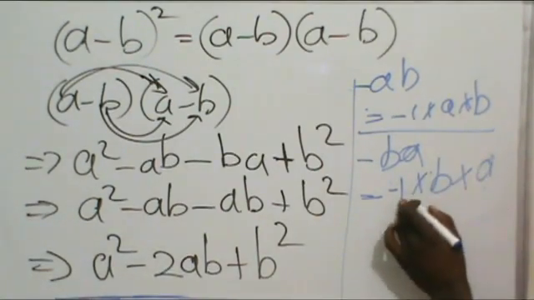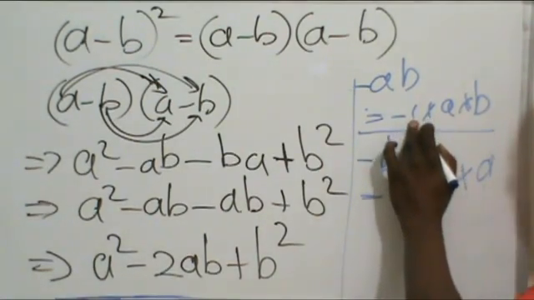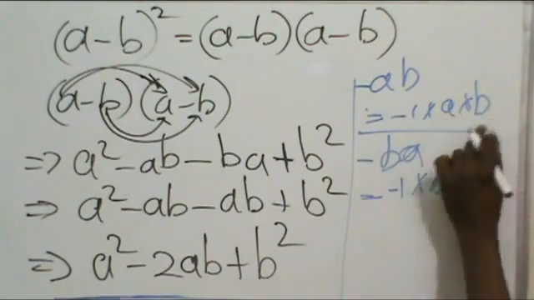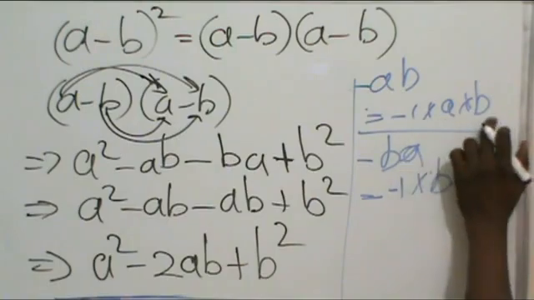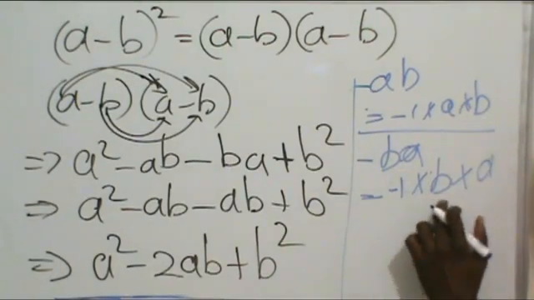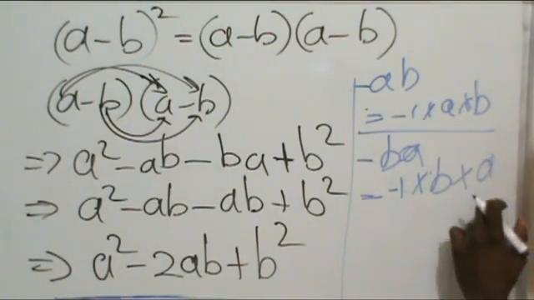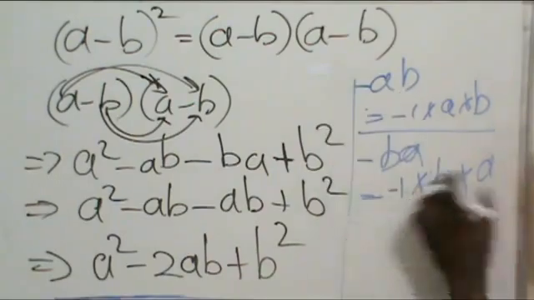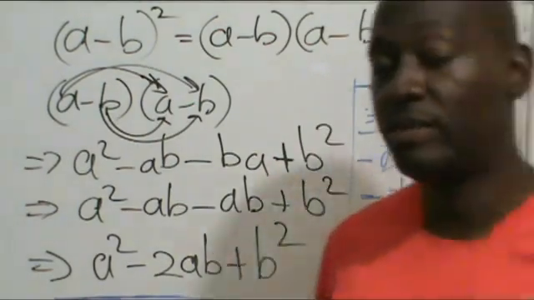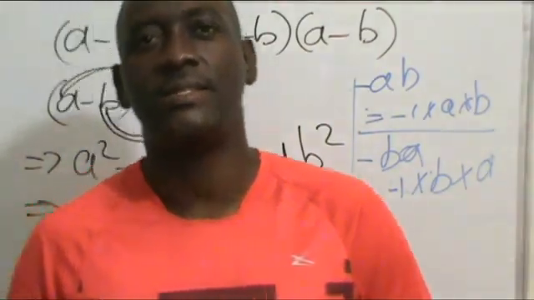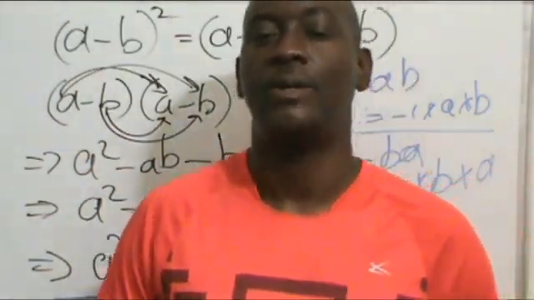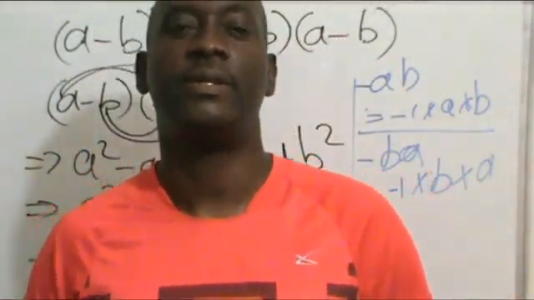This minus 1 here is the same as this minus 1 here. And if we establish that ab is the same as ba, then minus 1 by a by b will be the same as minus 1 by b by a. Therefore minus ab will be the same as minus ba. So don't be confused by the minus signs. We can understand that ab is the same thing as ba; we don't have any minus signs to contend with.